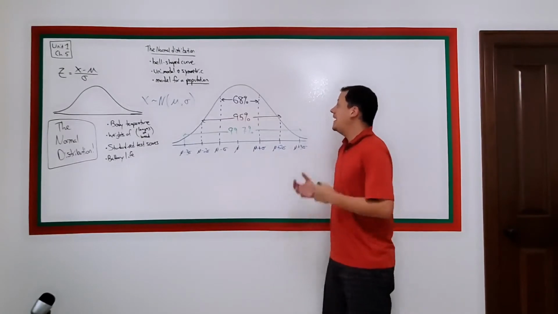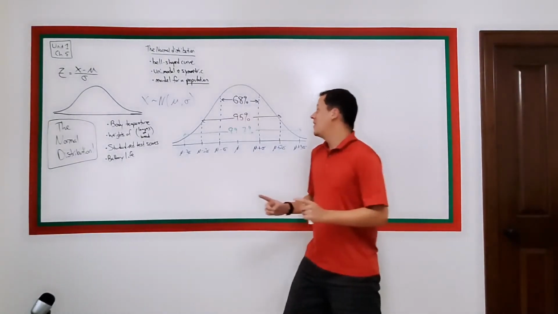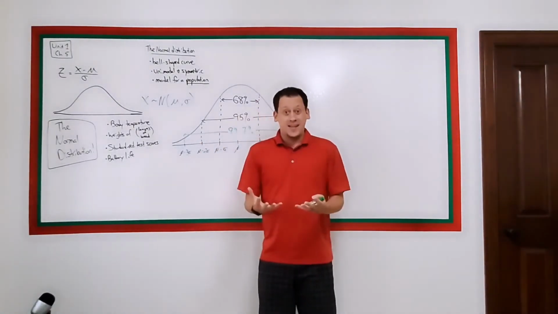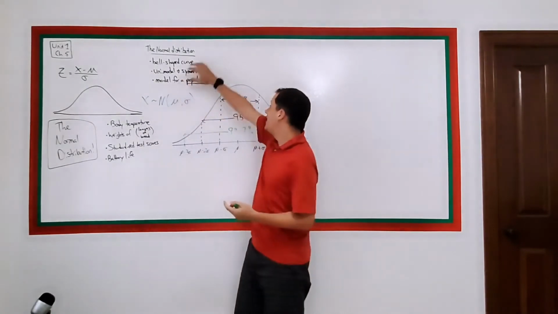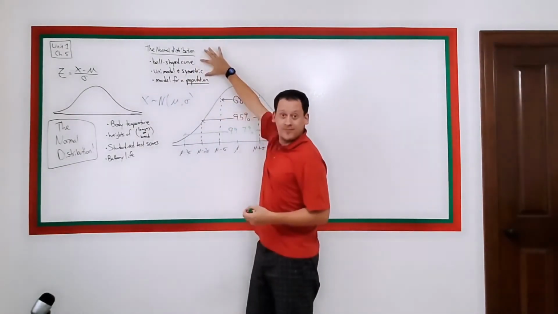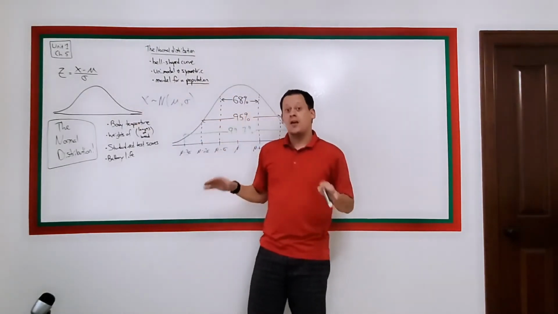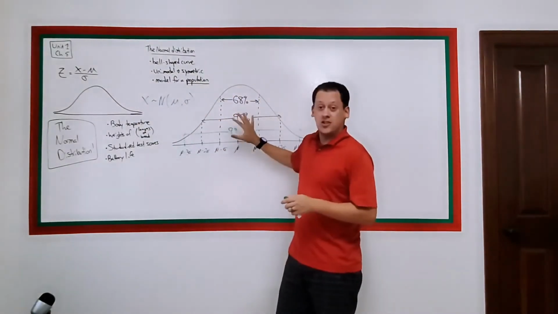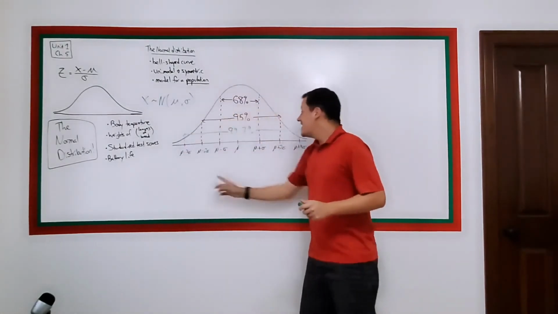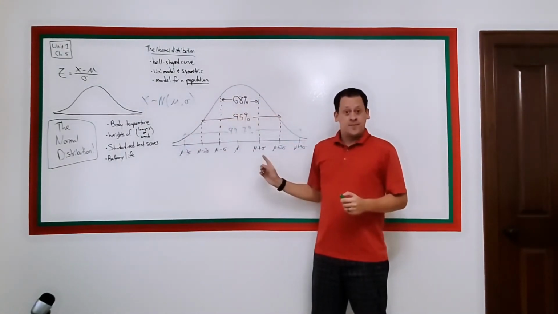So, if we know from looking at a histogram of a data set that it has this shape, again, it's not going to be a curve, it's going to be a histogram with bars. But if we think that we can attribute this shape to the population, we can say this about the data set.